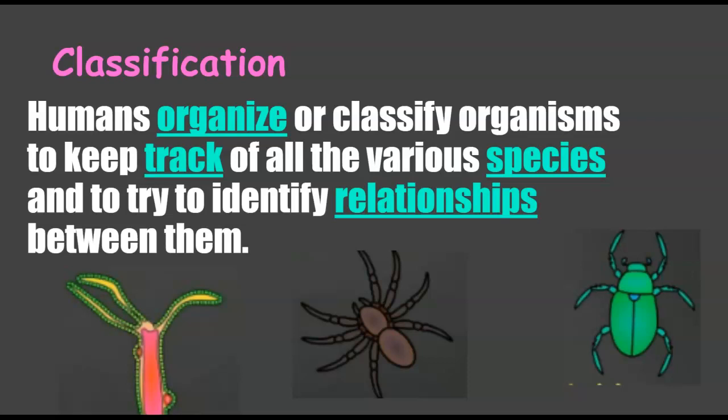And in this case, we're going to start looking at organisms like this thing, and this thing. And we like to classify to keep track of various species. So in species, think of cats. You have little tiny indoor house cats, and then you have huge, big outside cats. And with those, you're trying to identify relationships between the species.